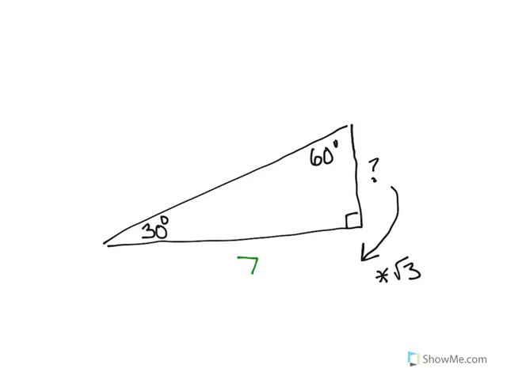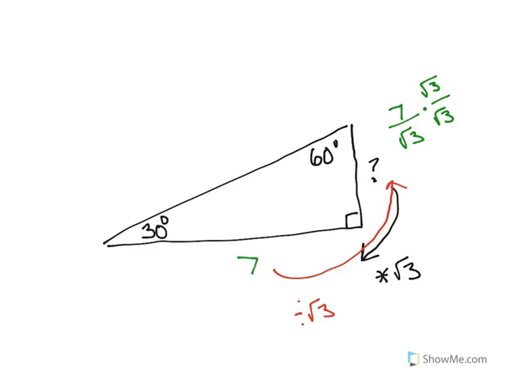You're going to divide by radical 3 to get back to where you came from. So we'll call this 7 divided by radical 3. And then you can go ahead and rationalize that. We can get the radical out of the denominator.